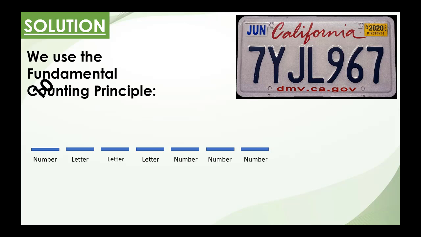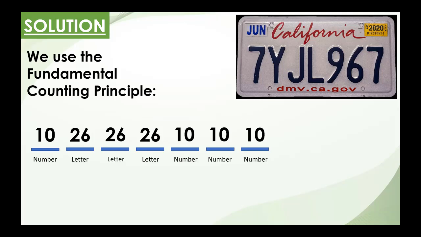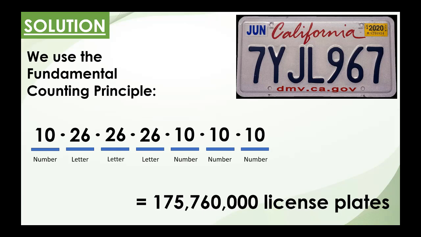So there are 10 digits between 0 and 9, 26 different letters, and for each case 26 letters, because there's no rule that prohibits us from repeating a letter. Then we have 10 choices for the next digit, 10 for the next digit, and 10 for the last digit. The fundamental counting principle says multiply all of these together, and that results in 175,760,000 different license plates.